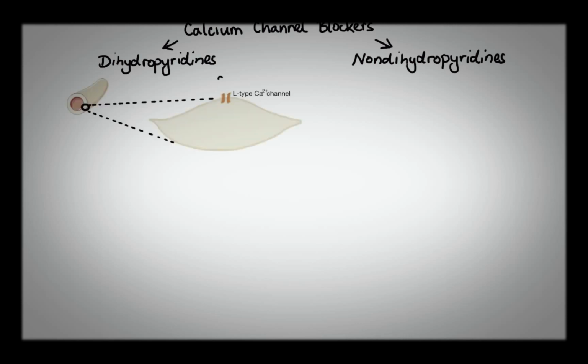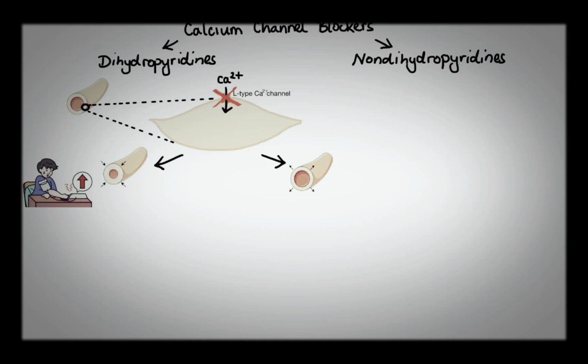Under normal conditions, when calcium enters the smooth muscle cell, it causes it to contract, which leads to increased vascular resistance and thus increase in blood pressure. So when dihydropyridine drug blocks the entry of calcium into the vascular smooth muscle cell, the contraction is inhibited, which leads to decreased resistance to blood flow and thus lowering of blood pressure.